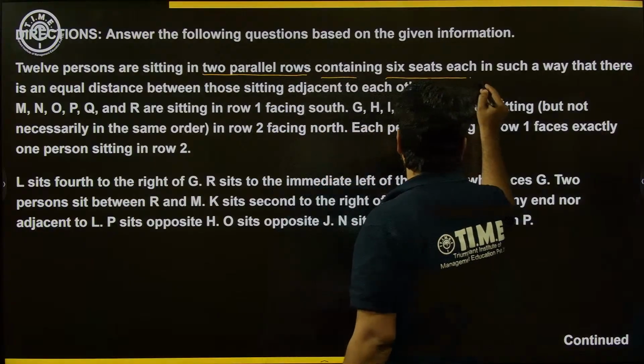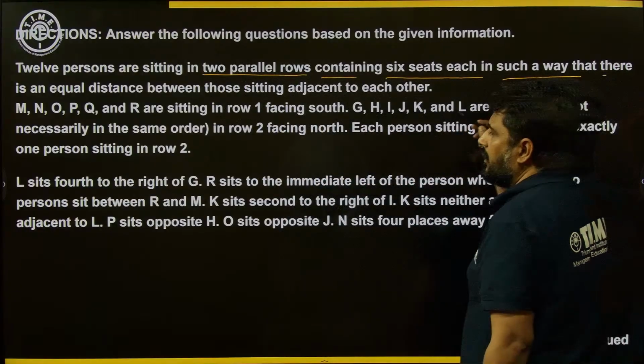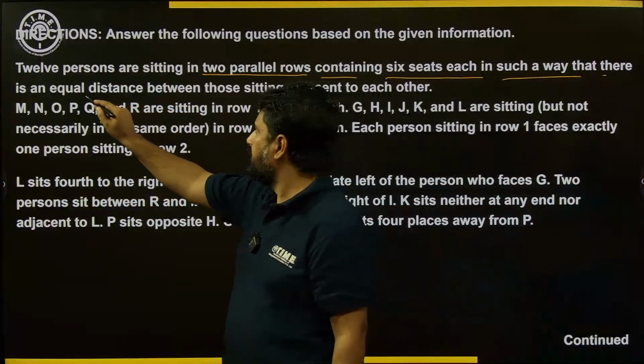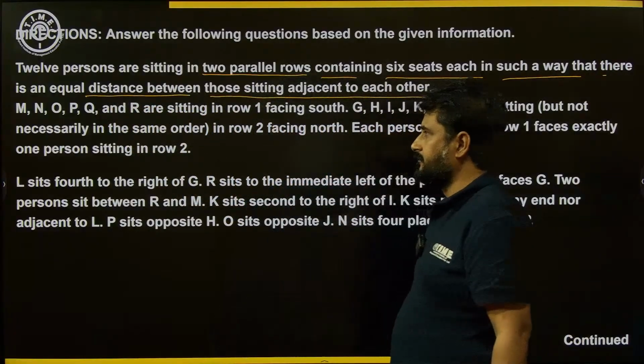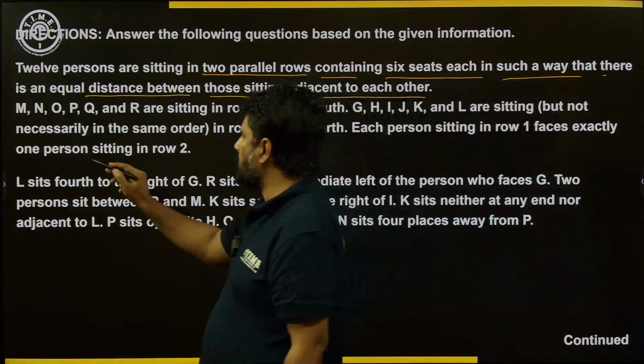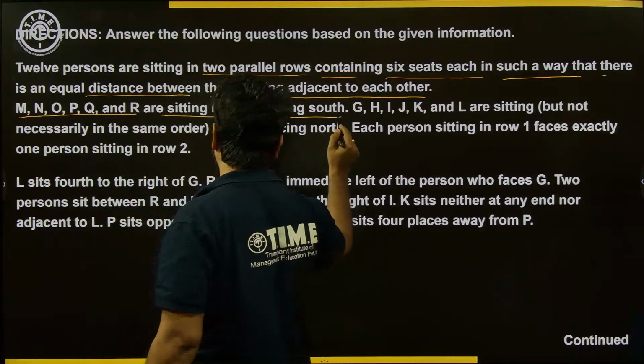What we have been given: 12 persons are sitting in two parallel rows containing 6 seats each, in such a way that there is an equal distance between those sitting adjacent to each other. M, N, O, P, Q, R are sitting in row 1 facing south.